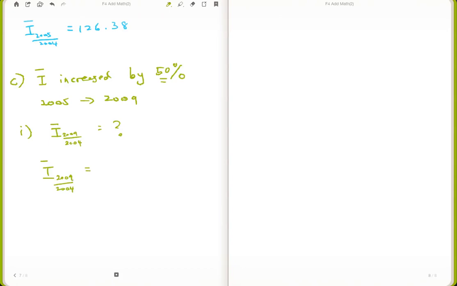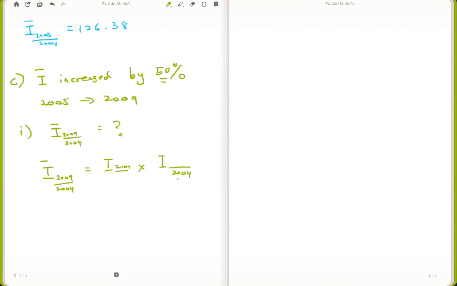In order to get 2009 to 2004, that will be something times something. Maybe I use 2009 over something times something over 2004.